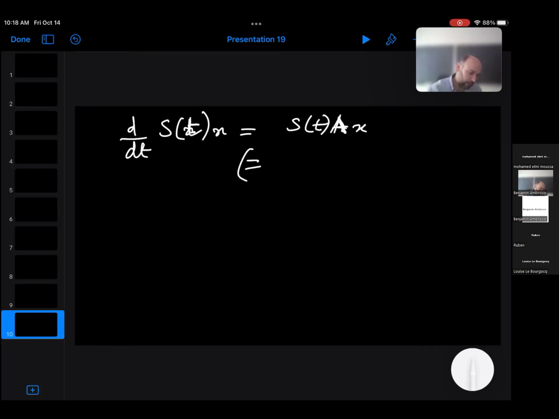And again, by definition, this is A S(t) of x. Okay, now this is continuous, right? With respect to t, this is continuous because S(t) is continuous. So finally, you have that S(t) of x belongs to C1.